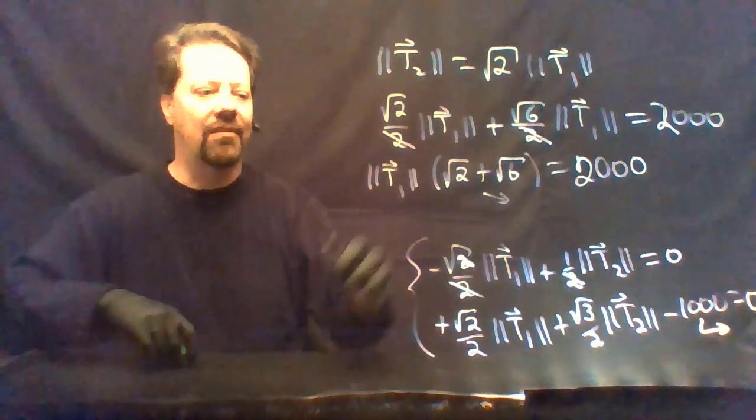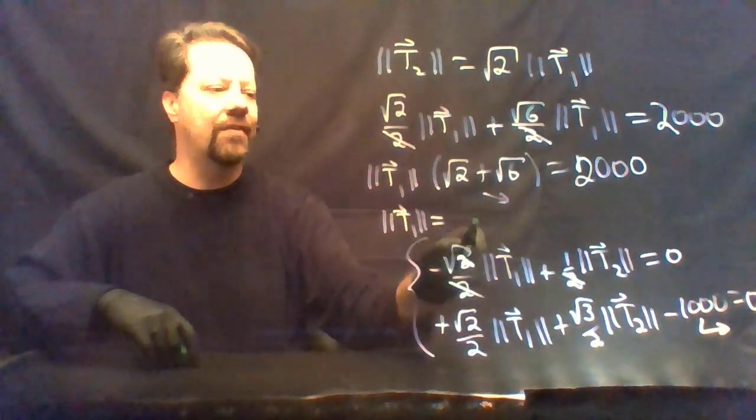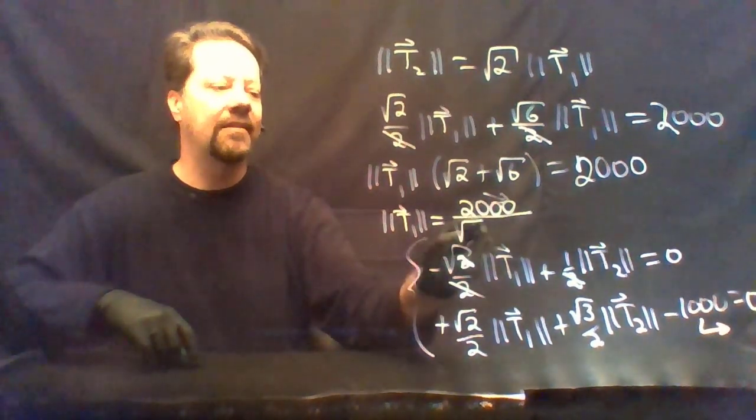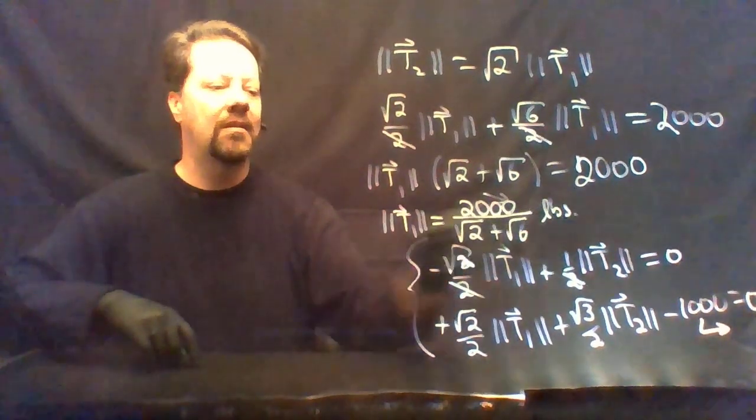Dividing the additional factor off, we have the norm of T1, the magnitude of the tension in the first cable, is 2000 divided by the square root of 2 plus the square root of 6 pounds.